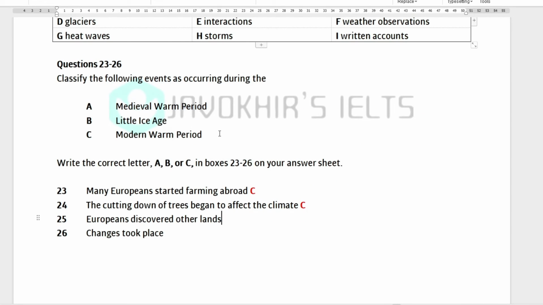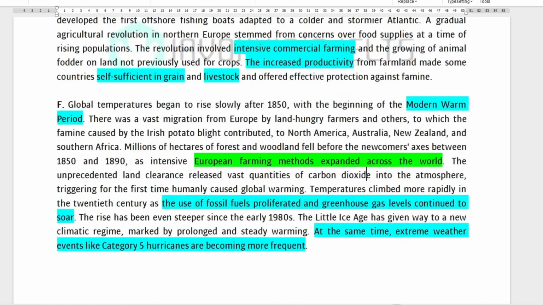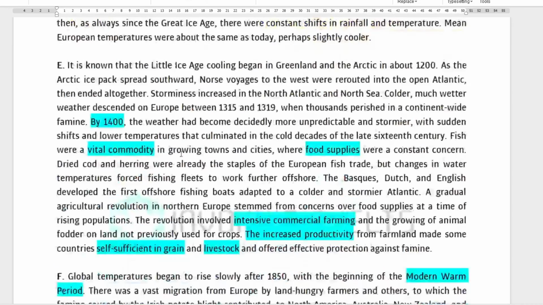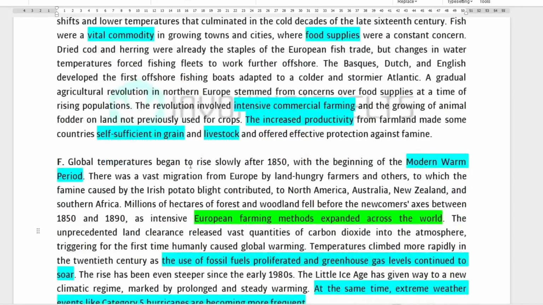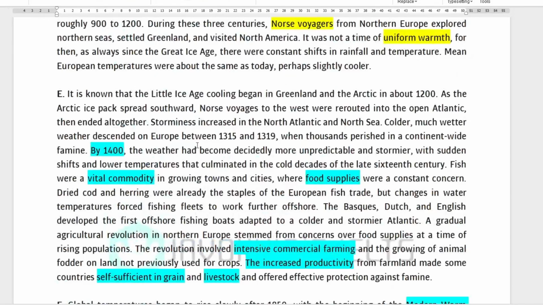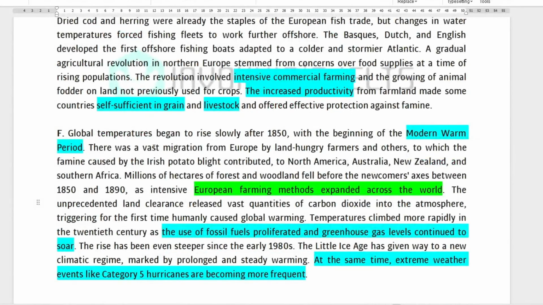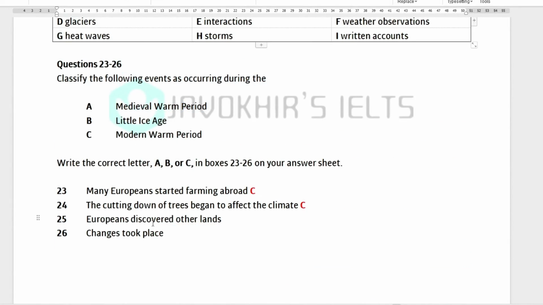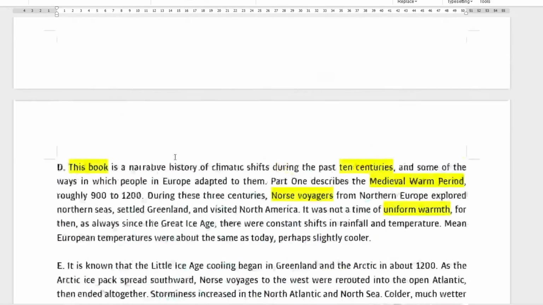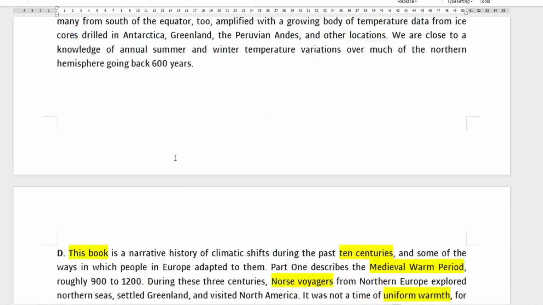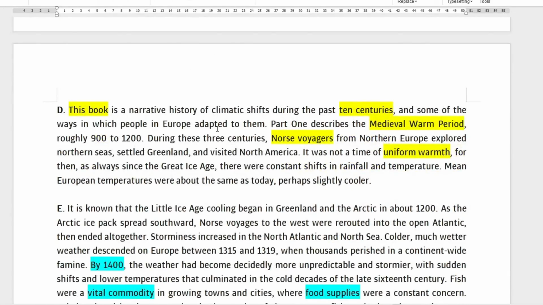Europeans discovered other lands. So okay, let's first read. There was a vast migration from Europe. So Europeans discovered other lands. We know that Norse voyagers from northern Europe explored northern seas.